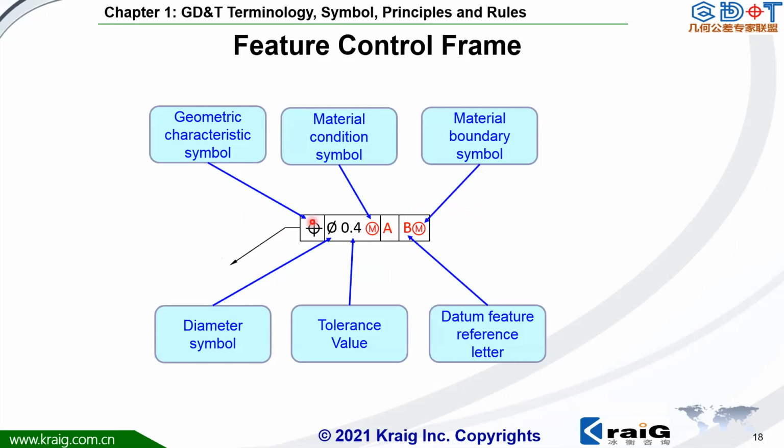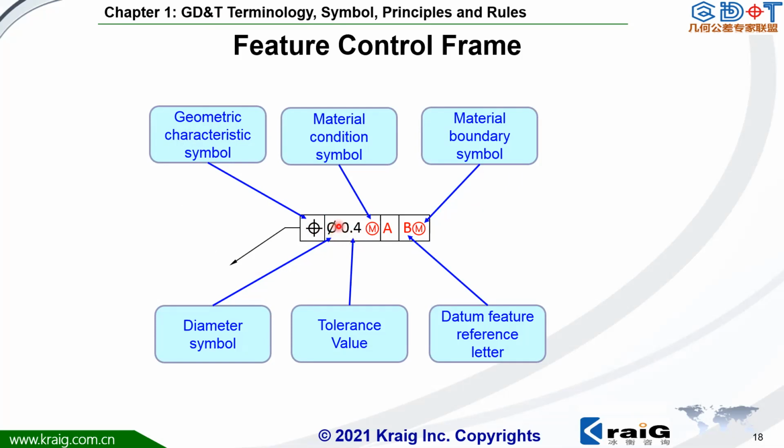Let's get deeper inside. Here, the symbol in the first compartment, we call this the geometric characteristic symbol, is a position tolerance.